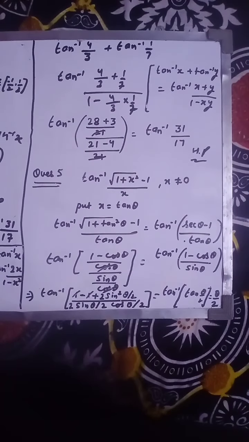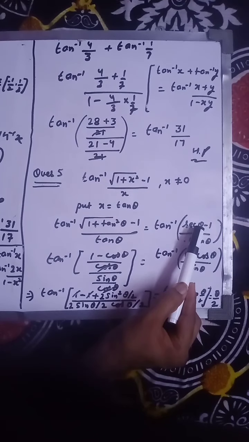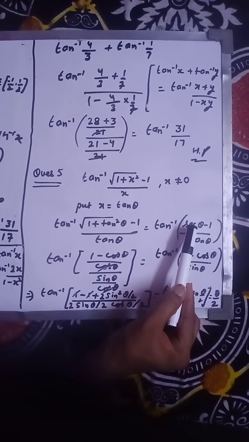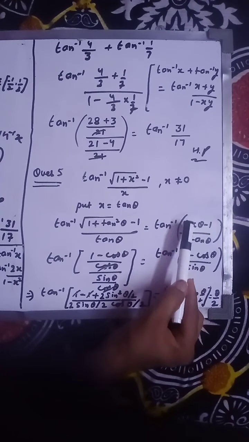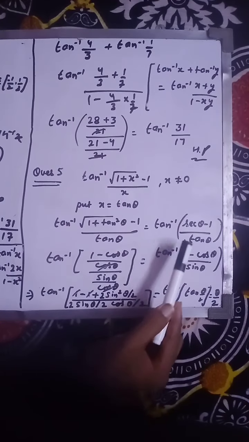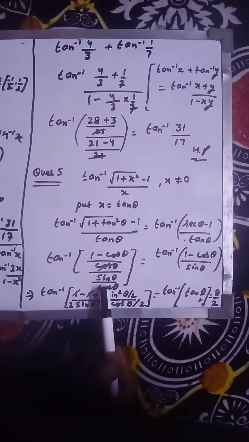Now this sec theta can be written as 1 upon cos theta. If you take LCM, you will get this step, and tan theta you can break into sin theta over cos theta.